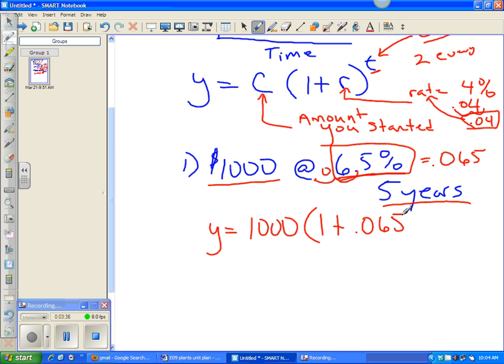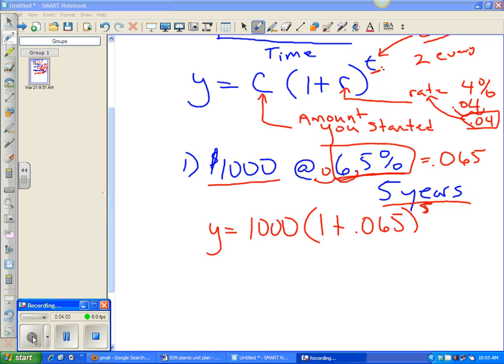And you put the t up here, which is the amount of years, in this case 5 years. Okay. I'm just going to tell you that in these cases, you pull out your scientific calculator because you're going to start needing to use it more often from this point on. It's almost obligatory that you use one at this point.